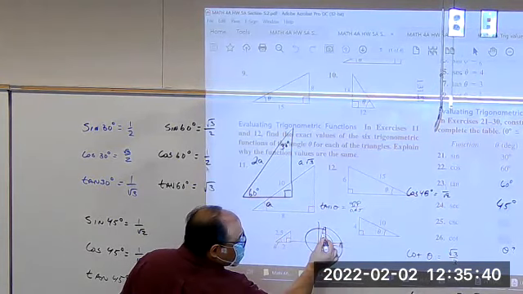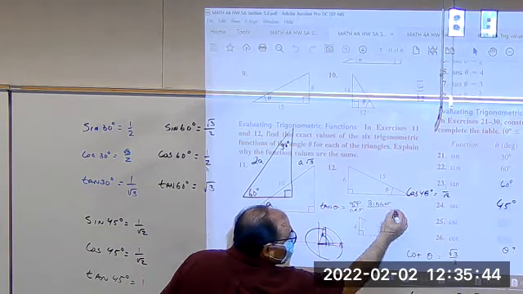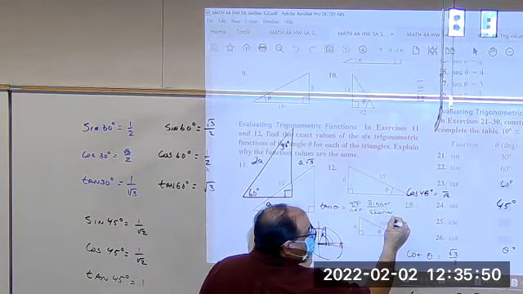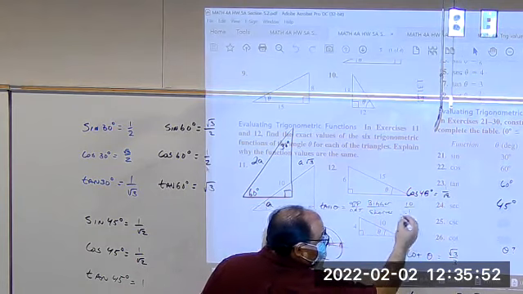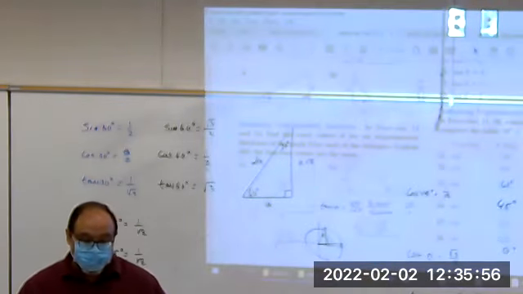As the angle gets bigger, this is a lot bigger, and this is a lot shorter. So let's just say really big, like a 10, over really short, like a 0.1. How many dimes go into a $10?